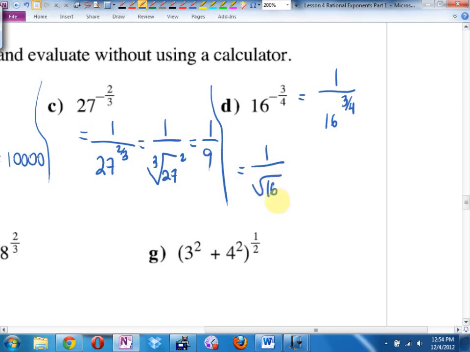The what root of 16 to the what? 4th root of 16 cubed. Who knows what the 4th root of 16 is without a calculator? 2 cubed. On the bottom, what's left on top still? 1.